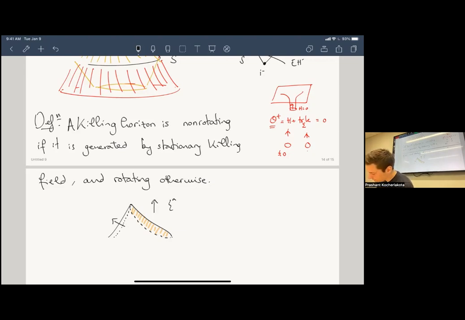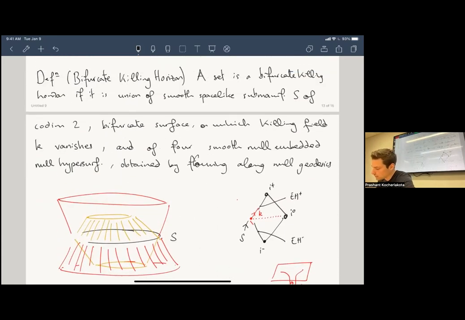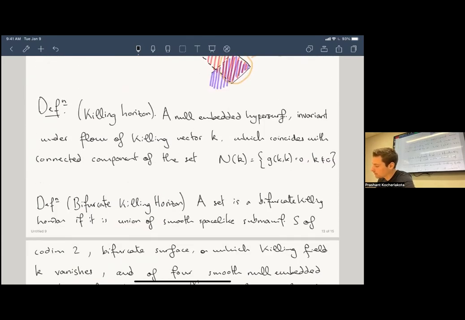But if this arrow ends up matching with the event horizon as I go inside, so that this particular field is in fact the K that defines the killing horizon up here, if it is this null killing vector that generates the horizon, then it's called non-rotating.